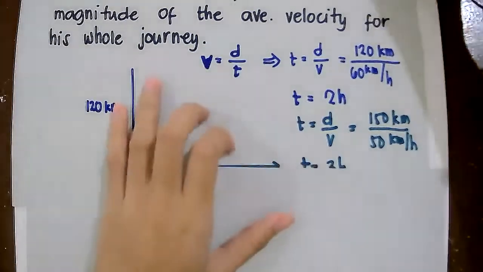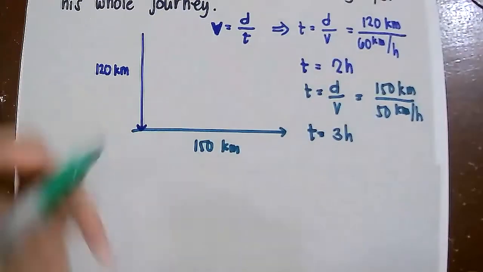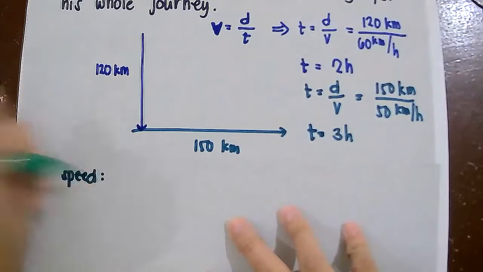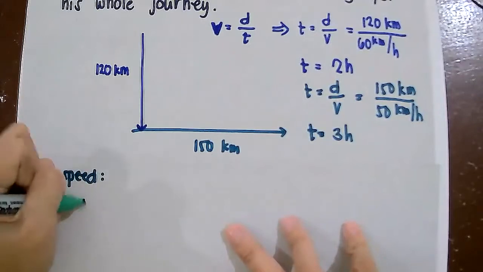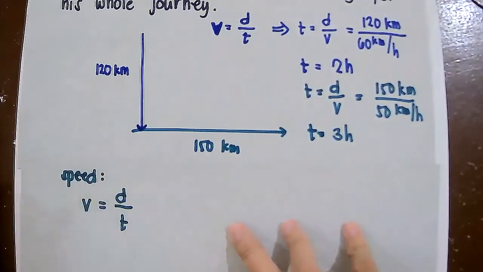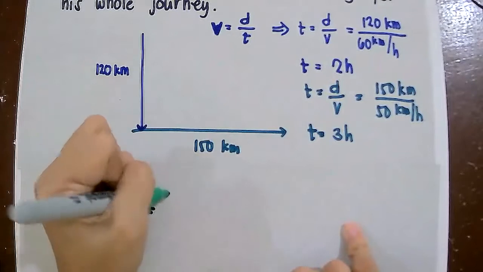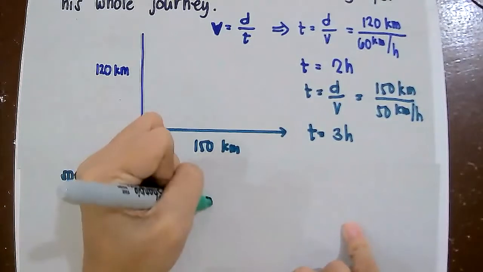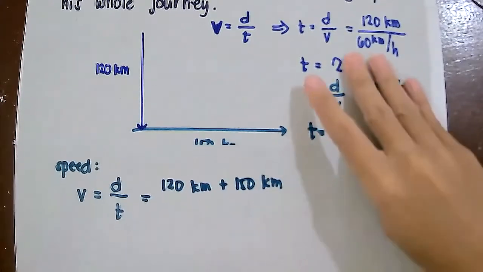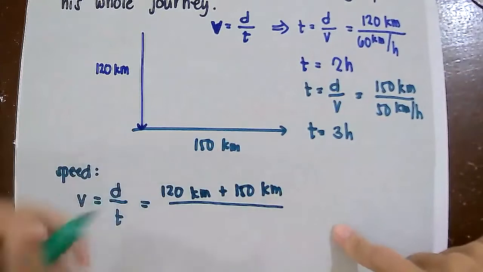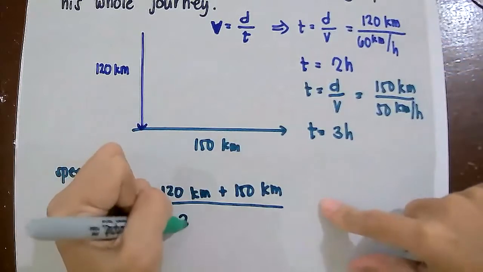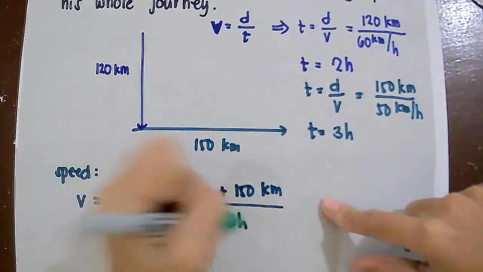So for your speed or your average speed, that's v equal to distance over time. So you just add your distance, that's 120 plus 150 km, and then you divide it by your time, yung kinuha natin na time dito. So you have 2 hours plus 3 hours.